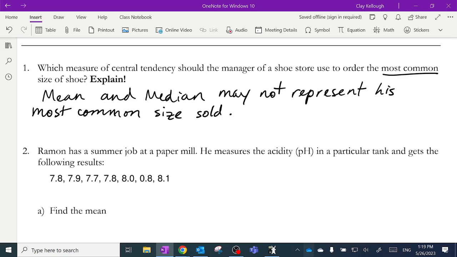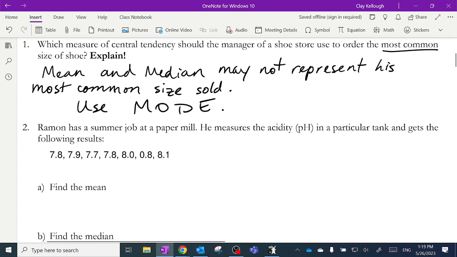So he should use mode. The most common kind of shoe he sells. It's almost built into the question: most common, most often happens. That's what mode is. So I guarantee you a question something like this, where we ask you to judge what's better, median, or mode.